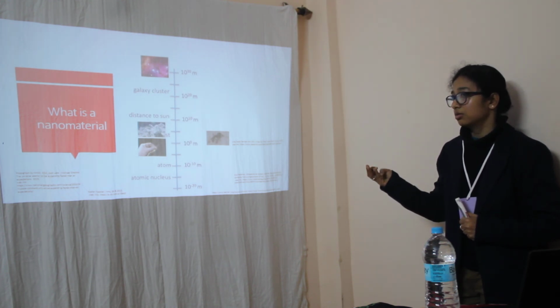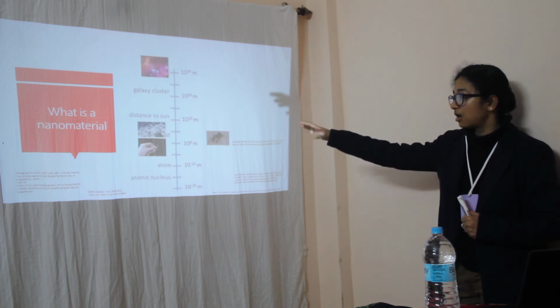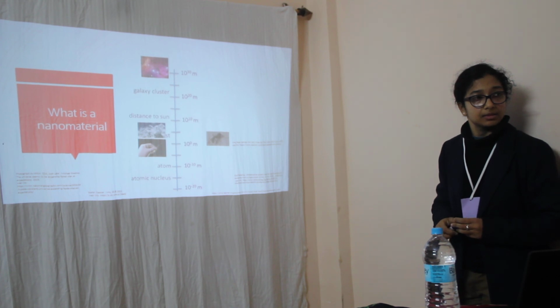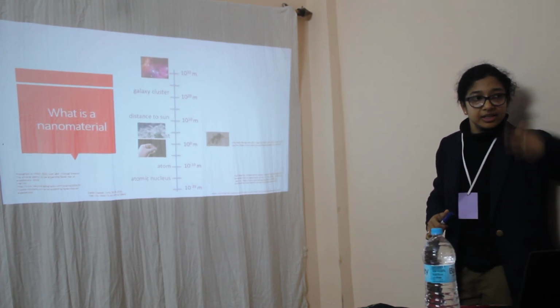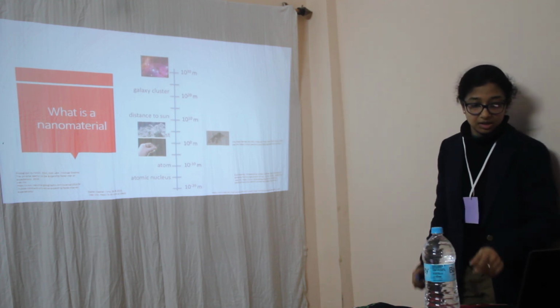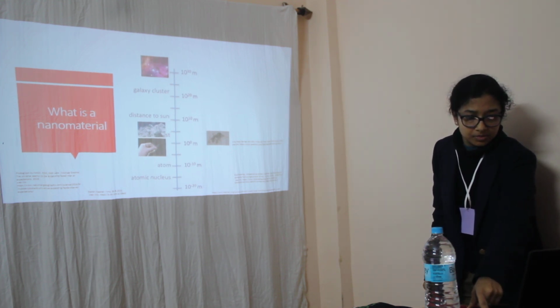Make it 10 to the power minus 6, 100, 10 to the power minus 6. So it's around 100 micrometer.